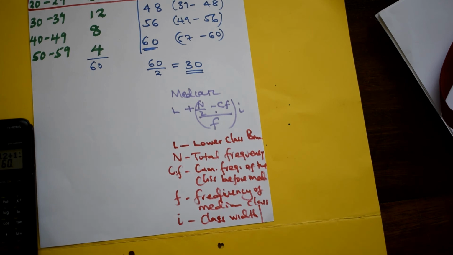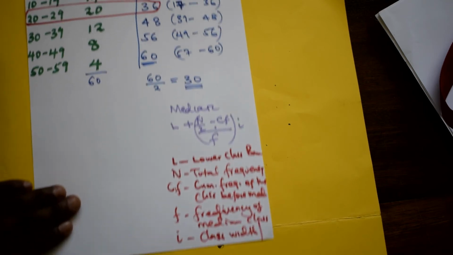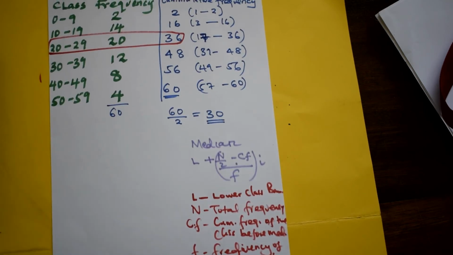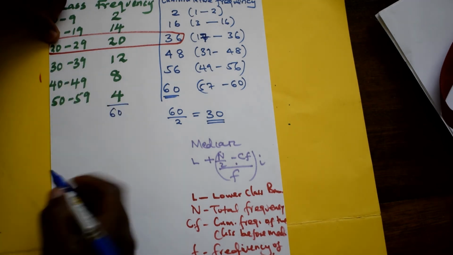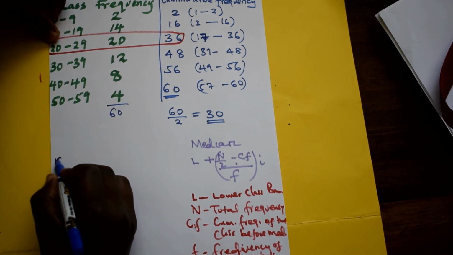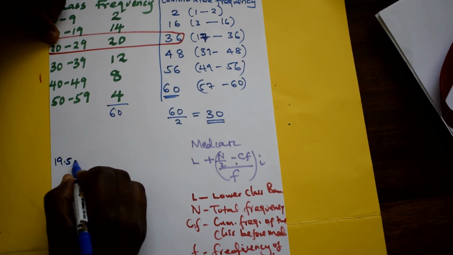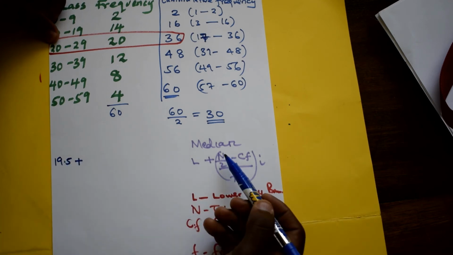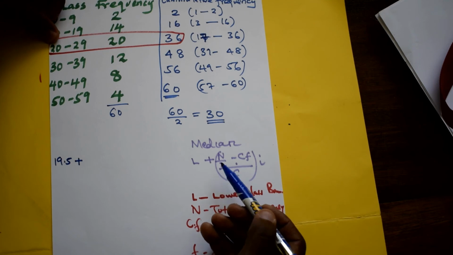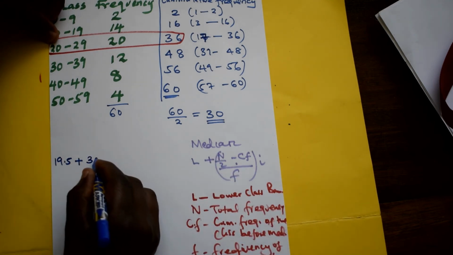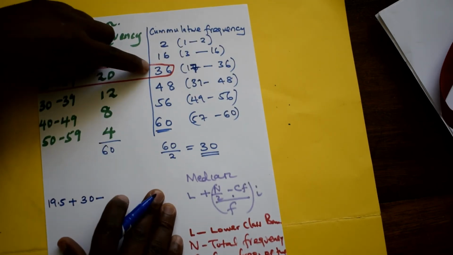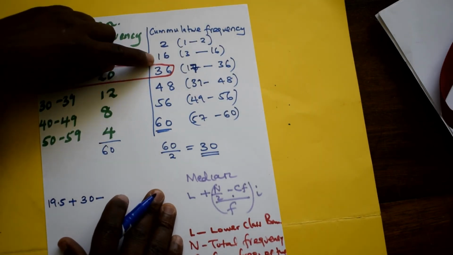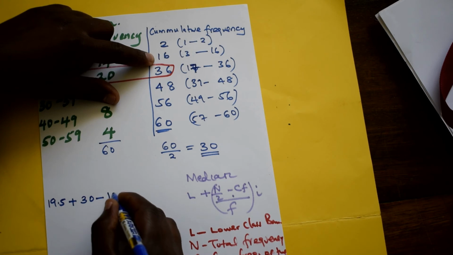So we're defining the class boundaries. We identify the lower class boundary for this median class, and since we have 20 to 29, the lower class boundary will be 19.5, plus n over 2, which is 60 divided by 2, we have found it is 30, so 30 minus the cumulative frequency before this, which gives us 16.